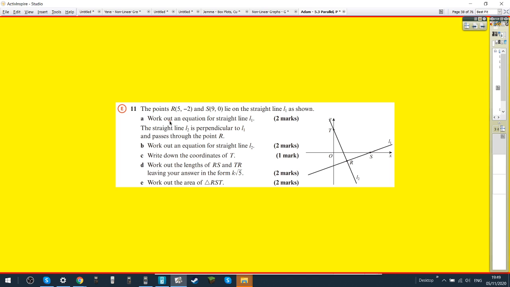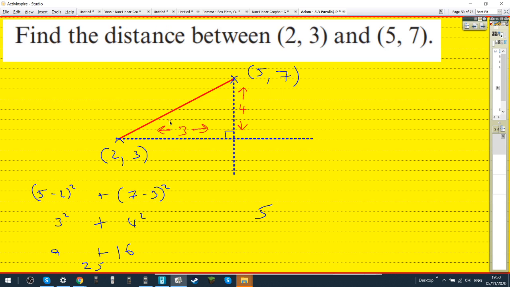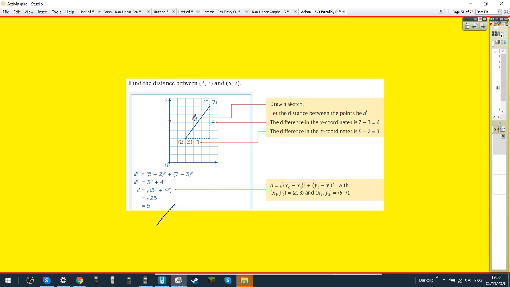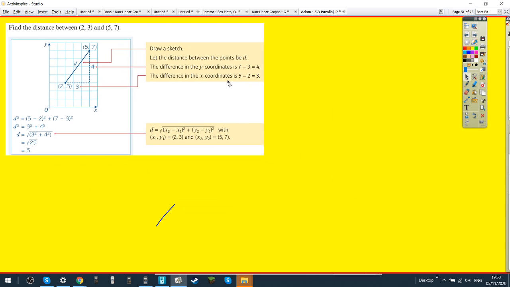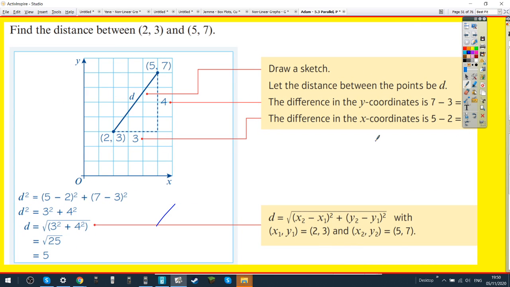There's one type I really want to get to. What's the area of this triangle? Wouldn't it just be 6 times 4 divided by 2?